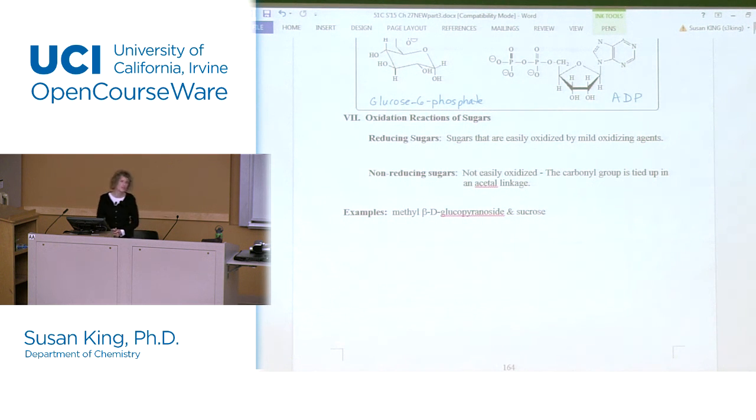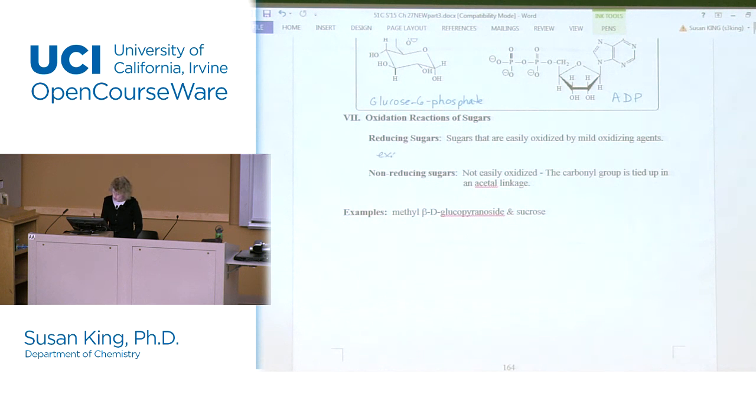Let's talk about oxidation reactions of sugars, and some of these reagents are going to seem familiar to you, hopefully. There's one thing that's new, which is talking about reducing sugars versus non-reducing sugars. Reducing sugars are sugars that are easily oxidized by mild oxidizing agents. If you hit all sugars with a strong oxidizing agent, they'll be oxidized, but we're talking about mild oxidizing agents.